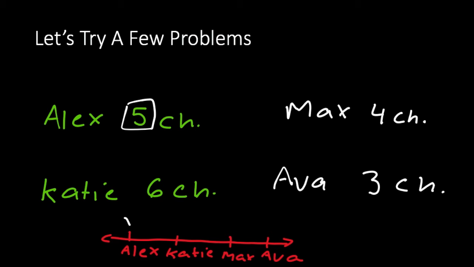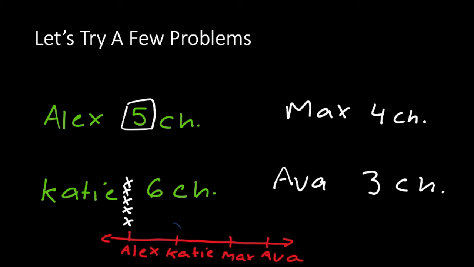So Alex has 5 chocolates. So 1, 2, 3, 4, 5. Now, this 5 represents that Alex has 5 chocolates. Now, let's try to do the same thing with Katie. Katie has 6 chocolates. So what I'm going to do here is draw 6 X's.